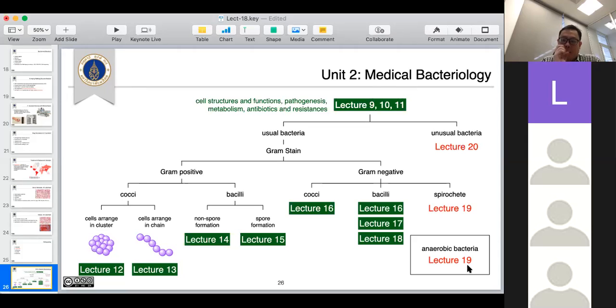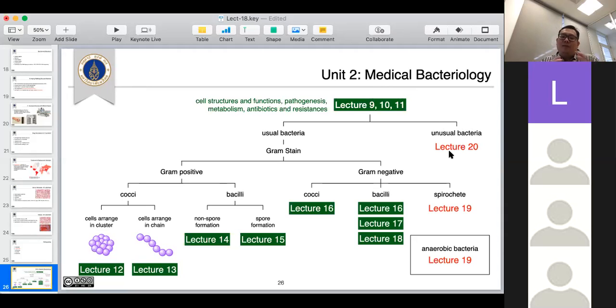anaerobic bacteria, okay? And unusual bacteria. The reason I say unusual bacteria is that some of them have no peptidoglycan. So since they have no peptidoglycan, they live in their own fashion. They cause disease, and penicillin that inhibits the cell wall does not work with them.